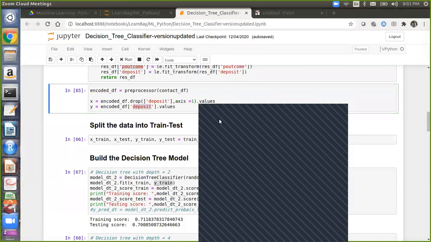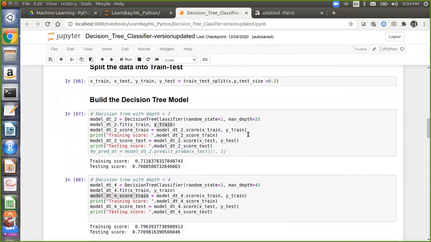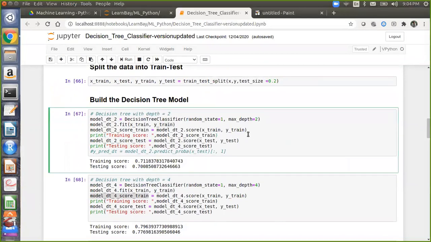Utkarsh, sorry, a question again on line 67. Here we fit the model with the features for training and the target. We didn't use the predict method to predict. So what happens is the score function internally does the prediction. The output of the score function is directly the accuracy, so this 70%, 71%.